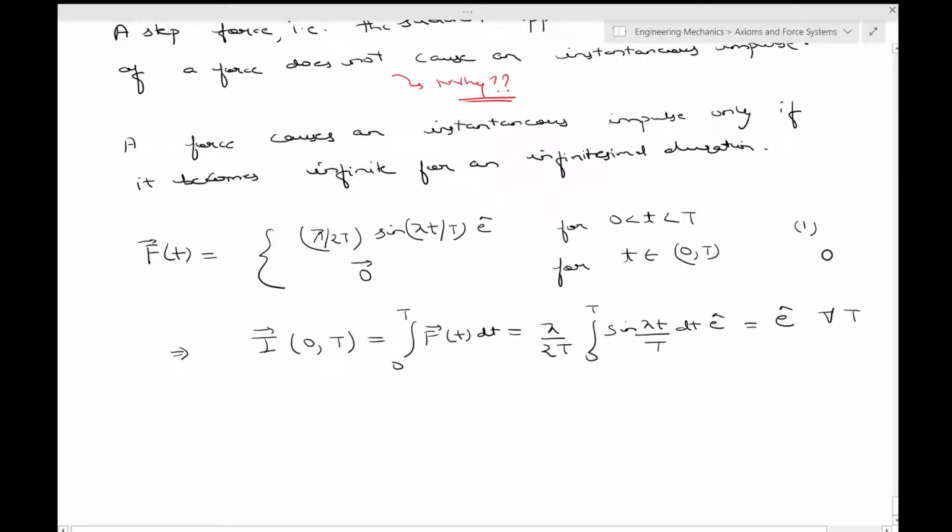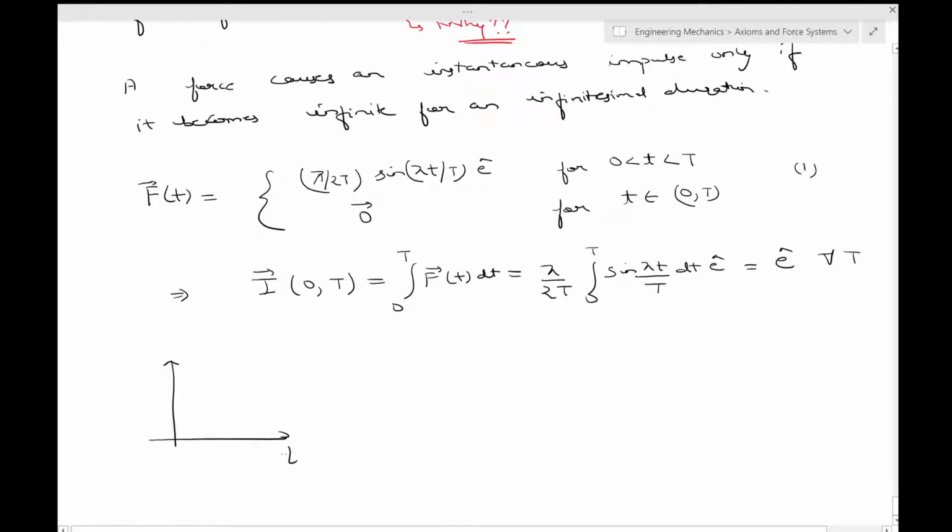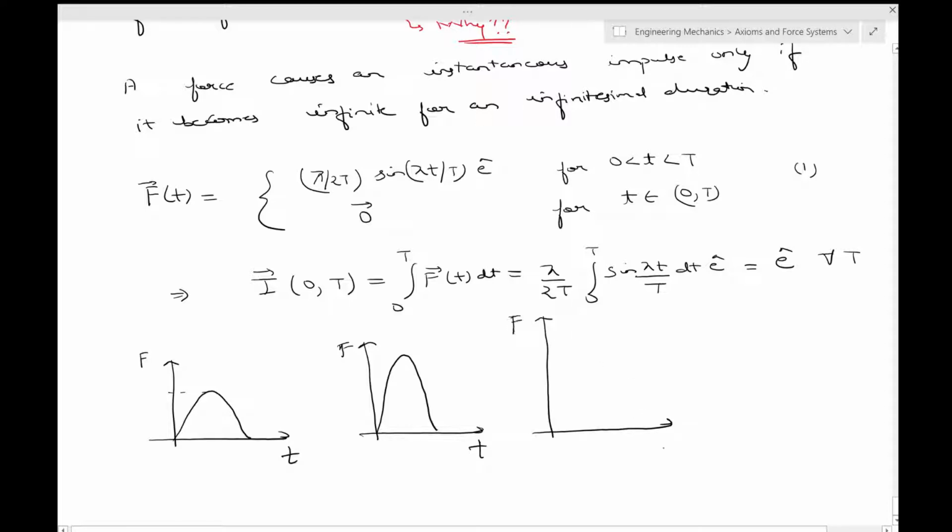Okay, so the graph of it looks like this. F is a sinusoidal function. Now the magnitude of F can also be like this. So these are all sinusoidal functions.